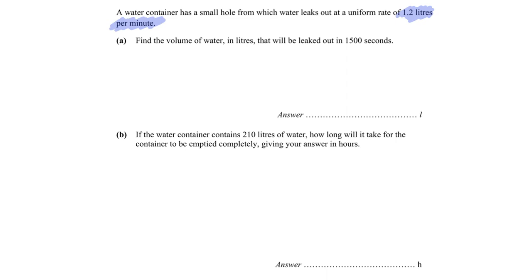Find the volume of the water that will be leaked out in 1,500 seconds. And because they are giving in terms of seconds, at the side, I will need to convert 1 minute to 60 seconds. So 60 seconds is 1.2 liters of water being leaked out.